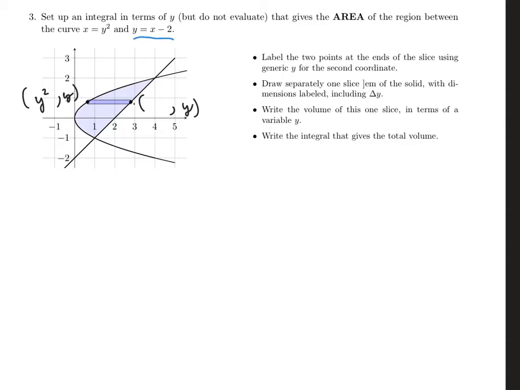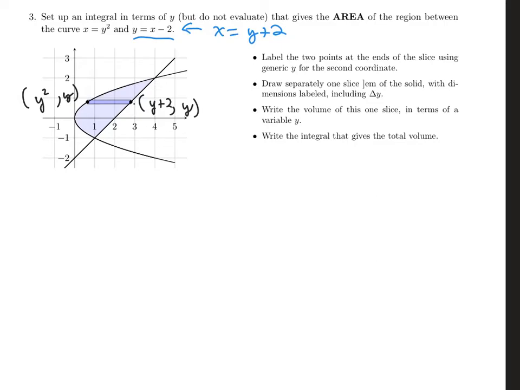It's given y equals x minus 2, so I would need to take a second to rewrite that by adding 2 to both sides, and I would have this. And so now that also has the form x coordinate is equal to something about the y coordinate. So in this case, that equation is saying the x coordinate on this line is always the y coordinate plus 2. So that's how I would label the two ends of that little slice.